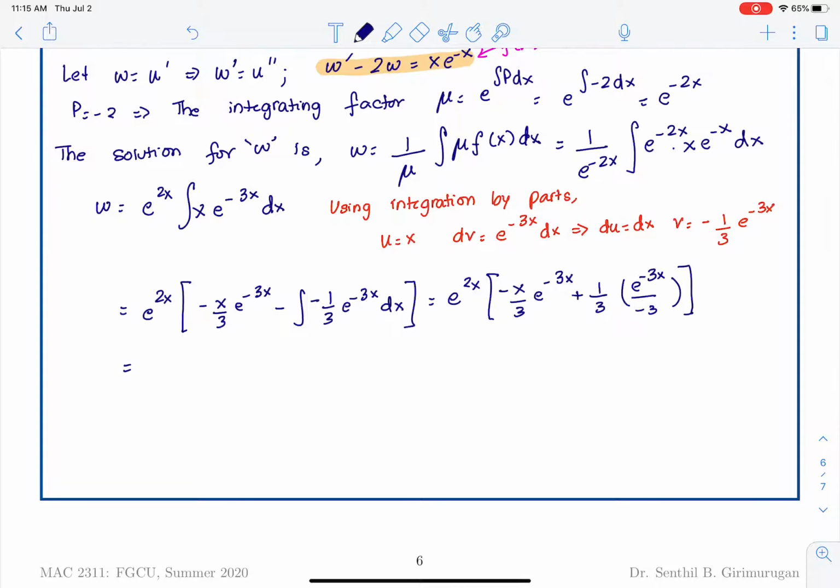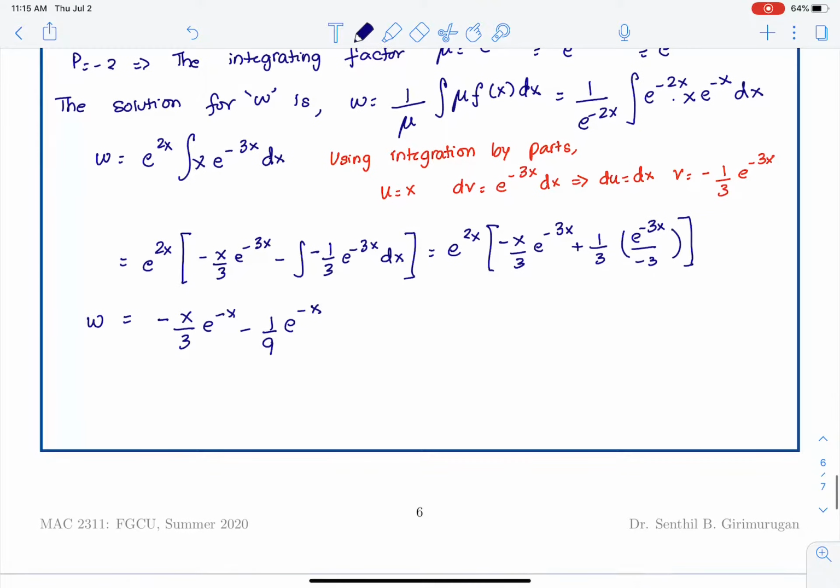Distribute the e raised to x, we would have negative x over 3 e raised negative 2x minus 1 over 9 e raised negative 2x. And mind you, that is the solution for w, which is simply u prime.